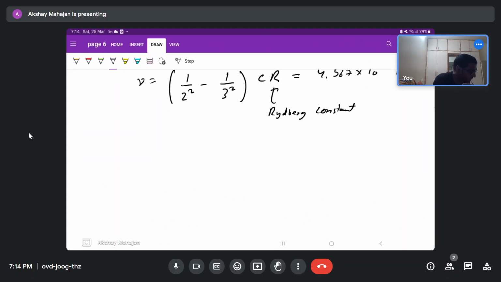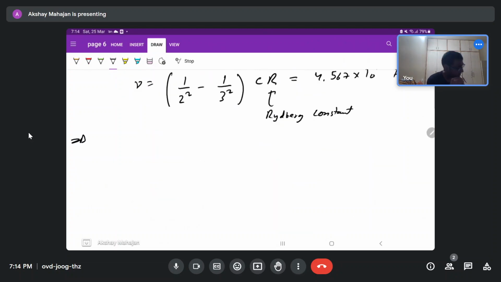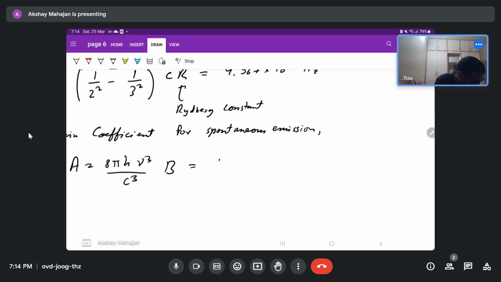Now since we have the frequency, we have our B coefficient as well, so now we can find our coefficient A. So the Einstein coefficient of spontaneous emission will be given by A is equal to 8 pi h nu cube divided by c cube times B. That will be equal to 6.728 into 10 to the power 7 per second.